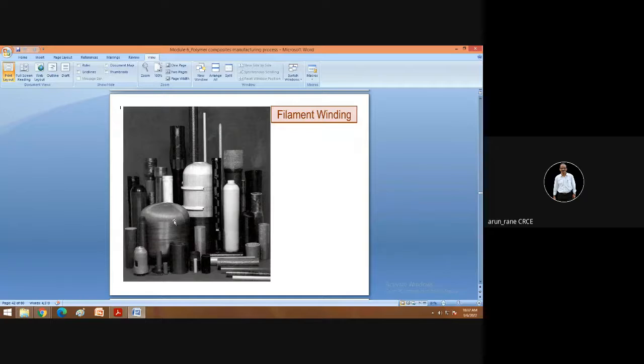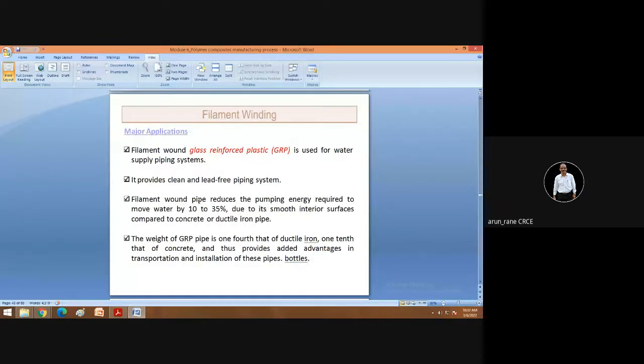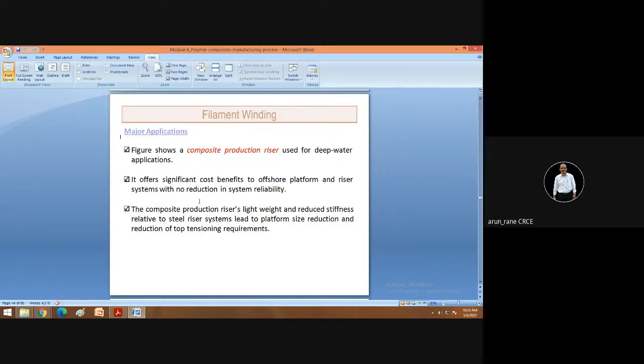These are the products which are made out of filament winding. So you might have seen glass reinforced tanks, water tanks. So that's the main application, filament winding, glass reinforced plastic, that is GRP. That's filament wound.